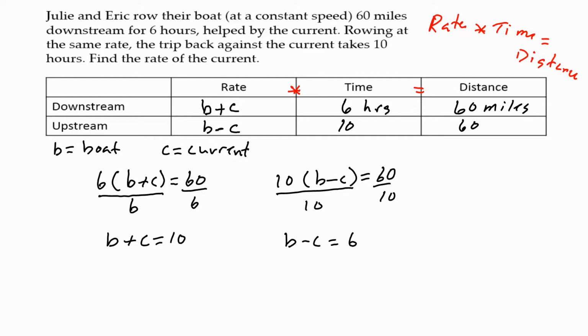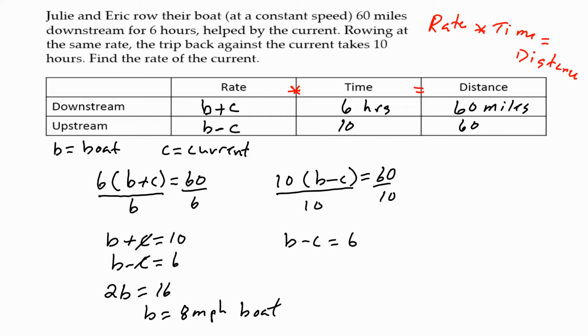So now we can take the second equation and write it under the first, making sure that you have subtraction for that C, and the C's go away. So 2B equals 16, or the speed of the boat is 8 miles per hour. But the problem also wants to know the current.